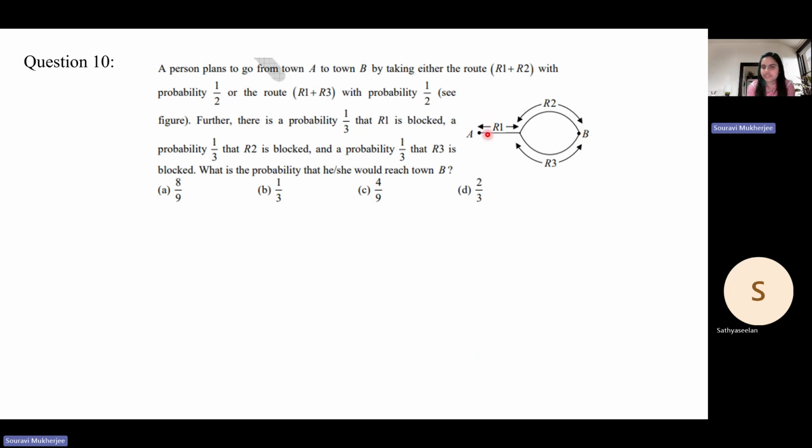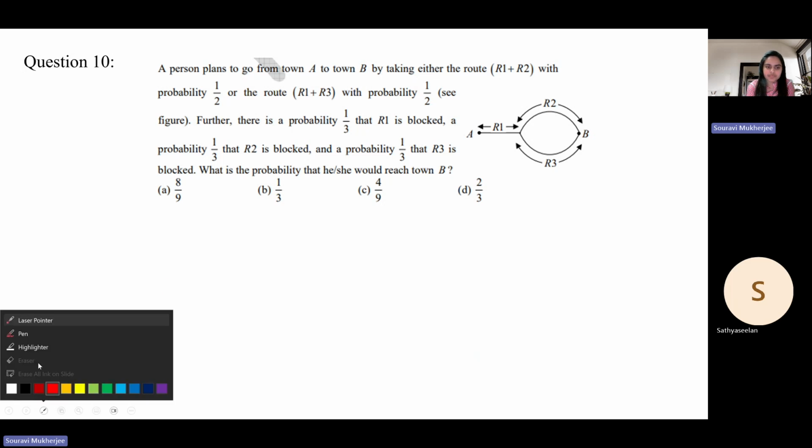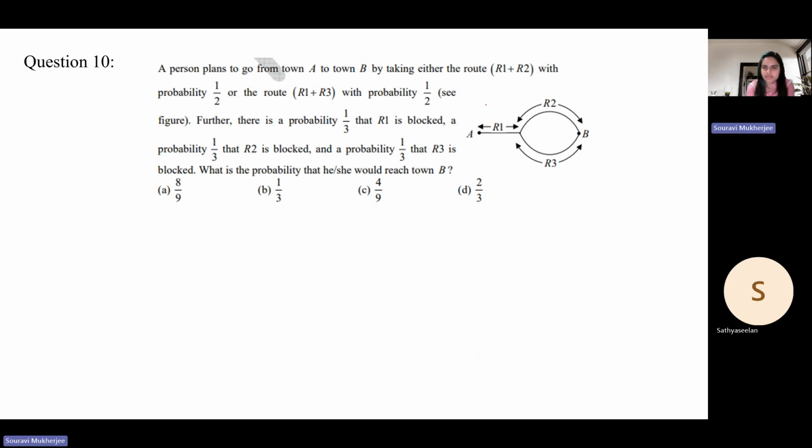See, for you to go from point A to point B, your R1 initially has to be unblocked. If this is not unblocked, it's not possible for you to take any of the routes, right? The probability of this getting blocked is one third, so this has to be unblocked. Now, once this is unblocked, that happens with a probability of two third.